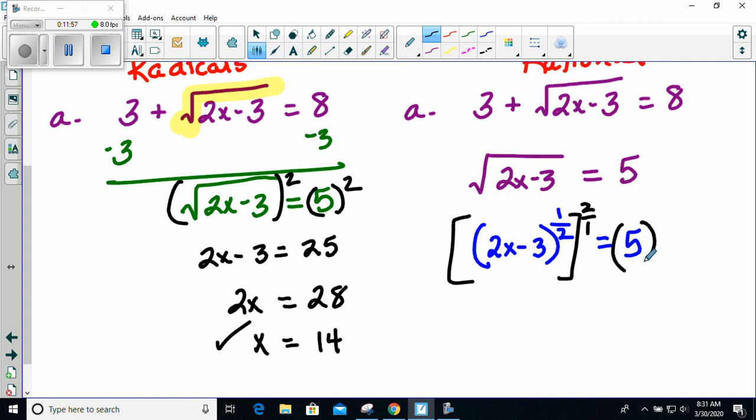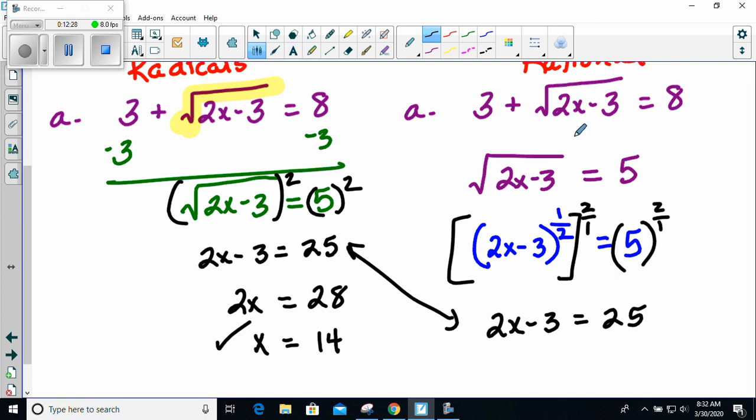I'll raise that to the 2 over 1 power. It's the same thing we did over here, except the perspective is multiplying by reciprocals to get an exponent of 1 for what is underneath the radical. At this point, it is the exact same problem as we had over here, and you just solve it as you go through. The only time I'd say this is easier to work with is for questions that are a little bit more difficult.